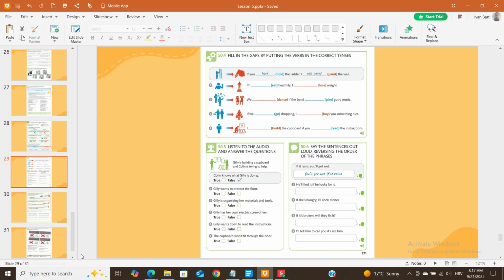True. False. Gilly is organizing her materials and tools. True. False. Gilly has her own electric screwdriver. True. False. Gilly wants Colin to read the instructions. True. False. The cupboard won't fit through the door. True. False.